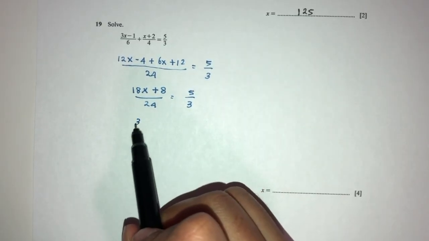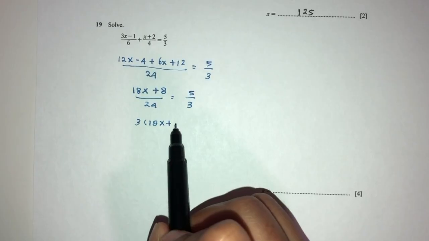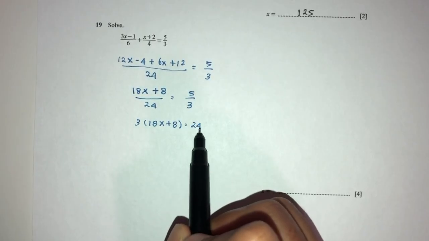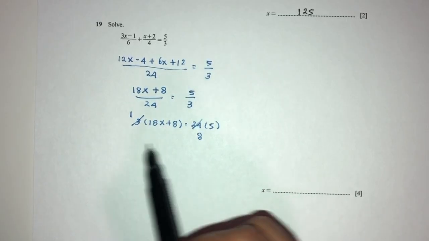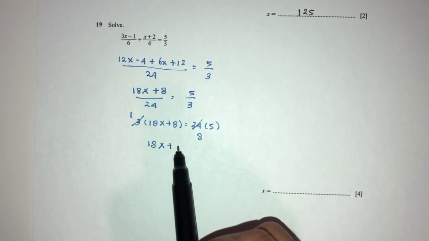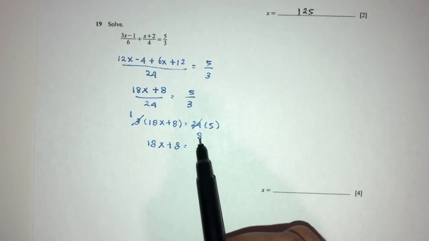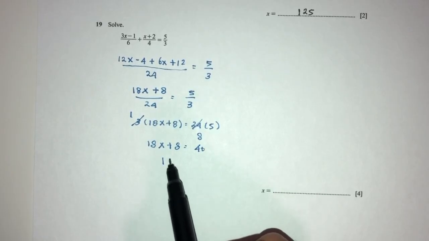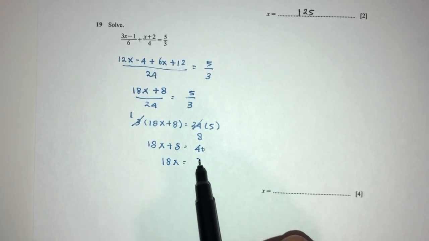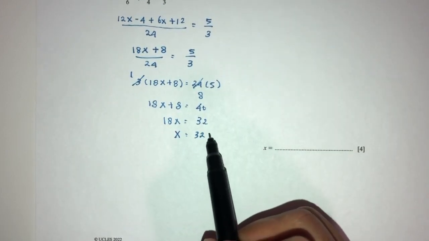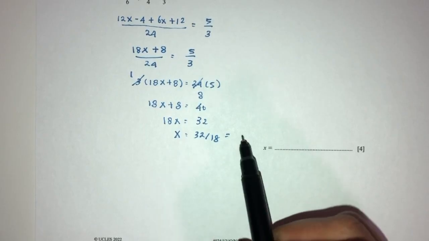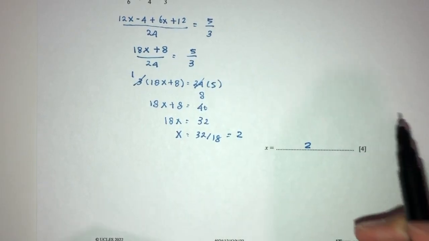You will have 3 times (18x plus 8), and that should be 24 times 5. Divide by 3 on both sides, you have 18x plus 8 is equal to 8 times 5 will be 40. 18x is equal to 40 minus 8 will be 32, right? And x will be 32 divided by 18, that should be 2. So x will be the value of 2.